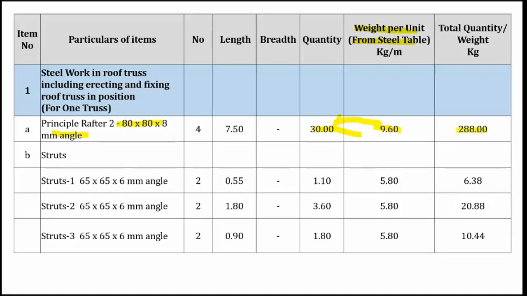We are going to get kg. So this much kg of steel is required to provide this principal rafter of 4 numbers. That is 288 kg of steel is required for the 4 numbers of principal rafter.